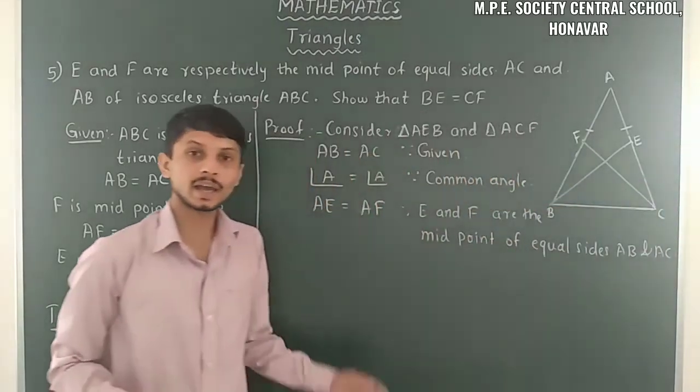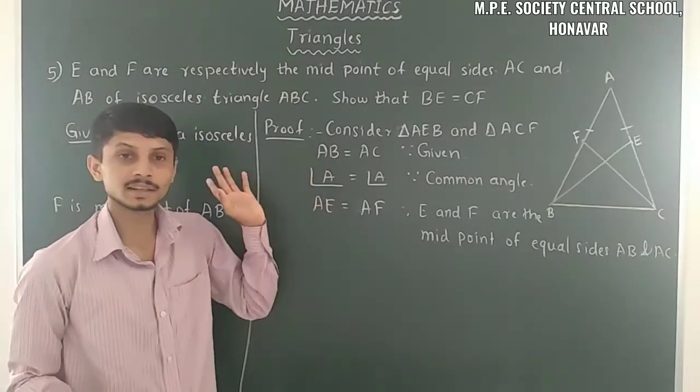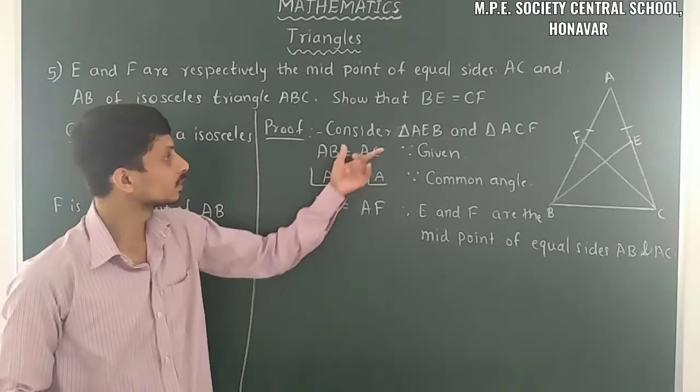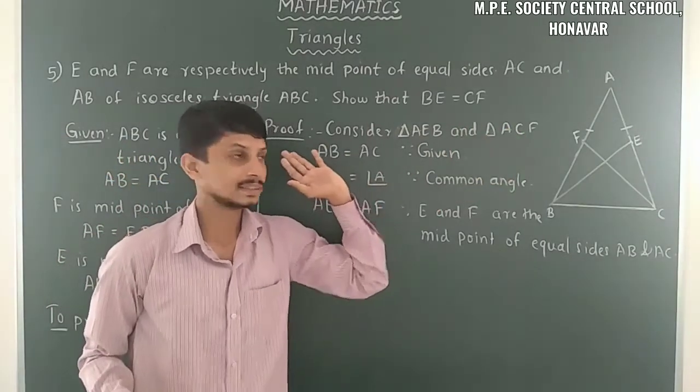Yes, so we have that equality. Just observe here, it's a side angle side criterion. So from the side angle side criterion, we proved that triangle AEB is congruent to triangle ACF.